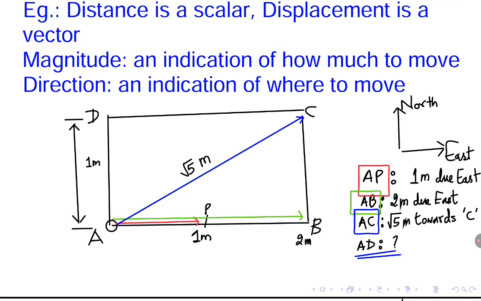The direction east represents the direction along one of the dimensions on the screen, and the direction north is perpendicular to the direction east, orthogonal to it, and it is upward, so it is the second dimension basically. So this is a two-dimensional case, but AP and AB only lie along the east direction.